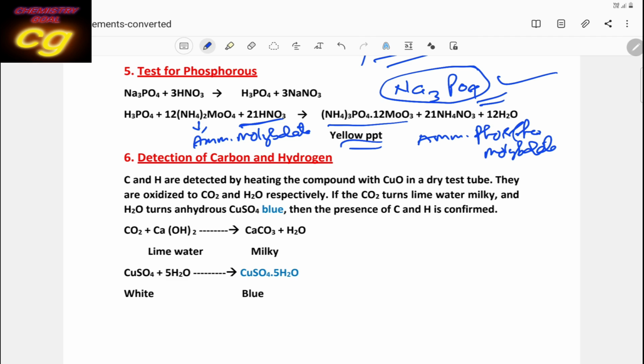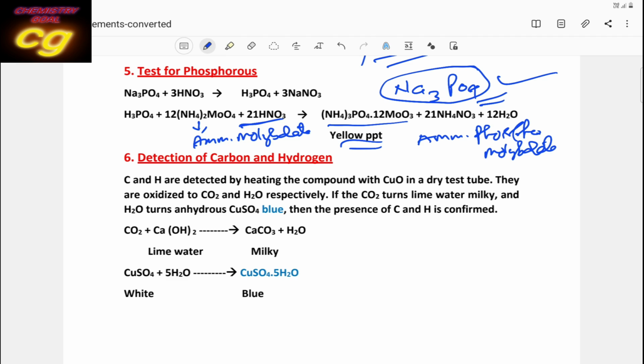So, a yellow precipitate is formed. So, phosphorus is identified by the formation of a yellow precipitate when you add ammonium molybdate to the Lassaigne's extract followed by nitric acid. The yellow precipitate of ammonium phosphomolybdate indicates the presence of phosphorus.